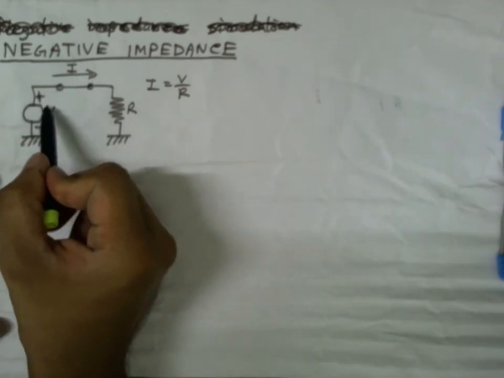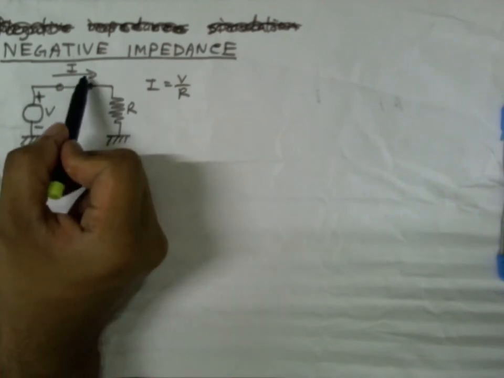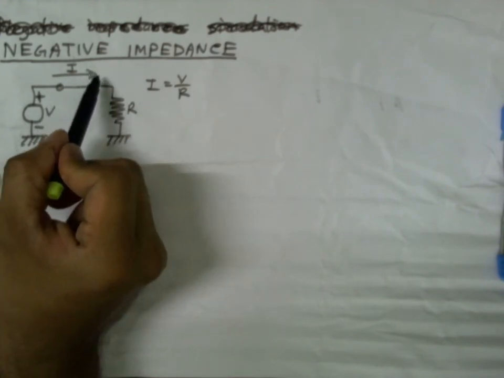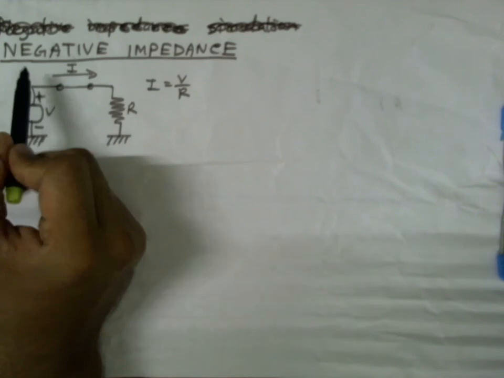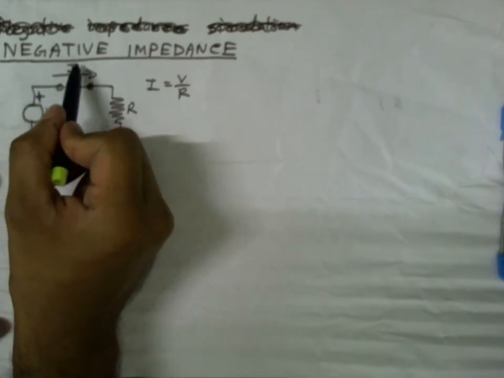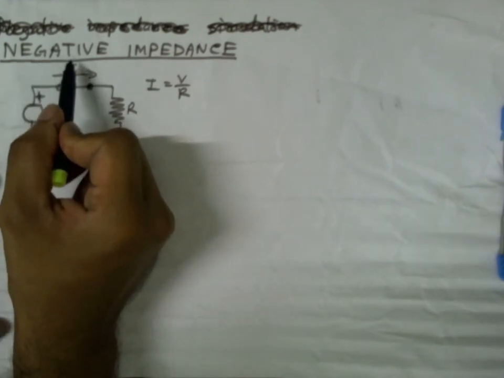And if V is negative, then current will be from right to left, or in other words, the value of this current I will be negative.